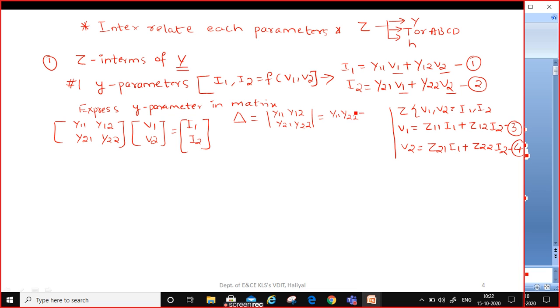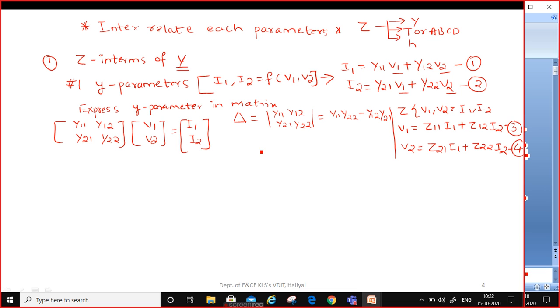Is there any correction from your end? Is it clear now? Yes, so this will be y12 into y21.